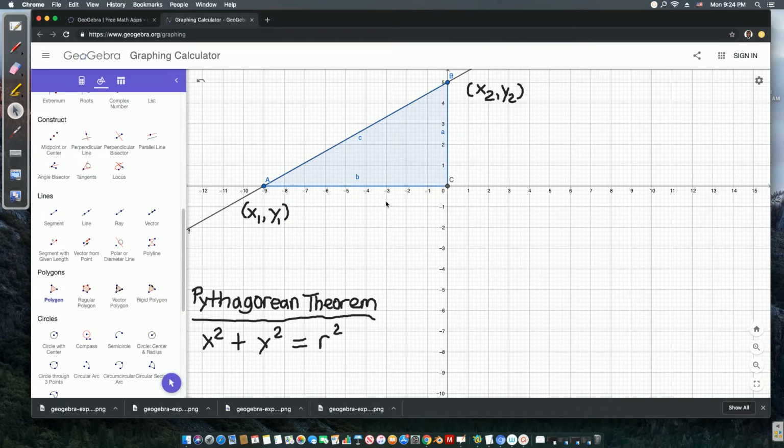For the distance formula, we want to think about distances. Let's look at the sides, because the Pythagorean theorem says x squared plus y squared equals r squared, so the x's here represent one side. It's really the distance when we look at the x's here. Let's try to draw this out.